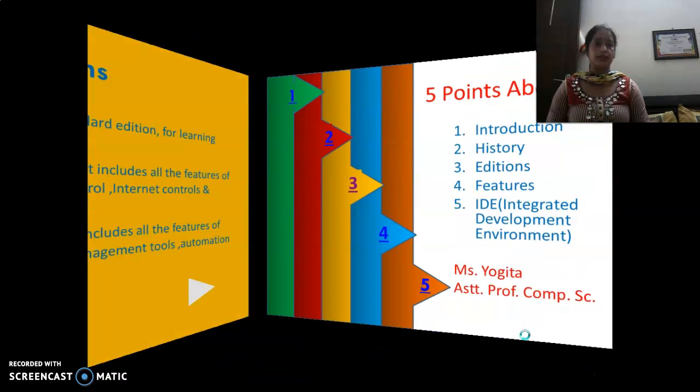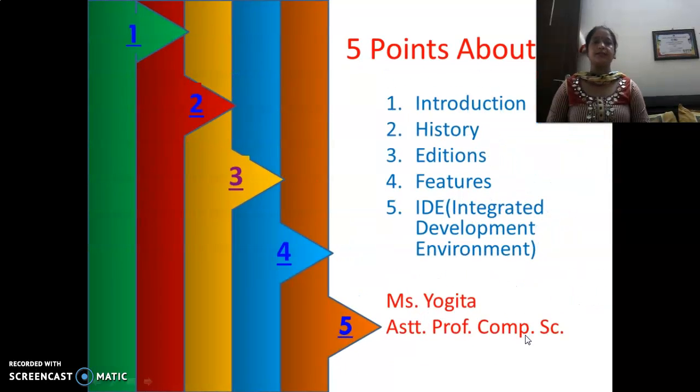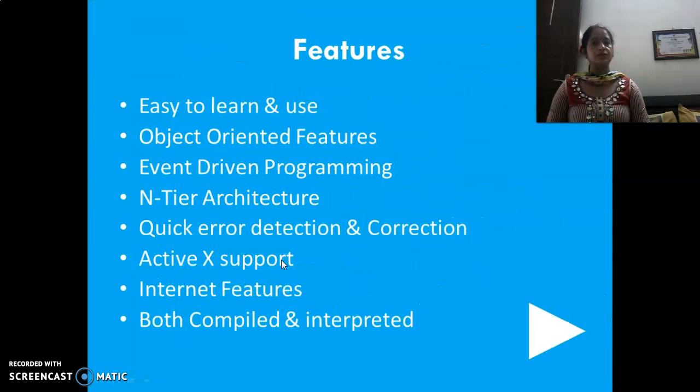The fourth basic point about Visual Basic is the features of the language. The main feature is that it is easy to learn and use, because half of the work is done by Visual Basic itself and half of the work is done by the user. Suppose you want to draw a submit button and write the code to submit.